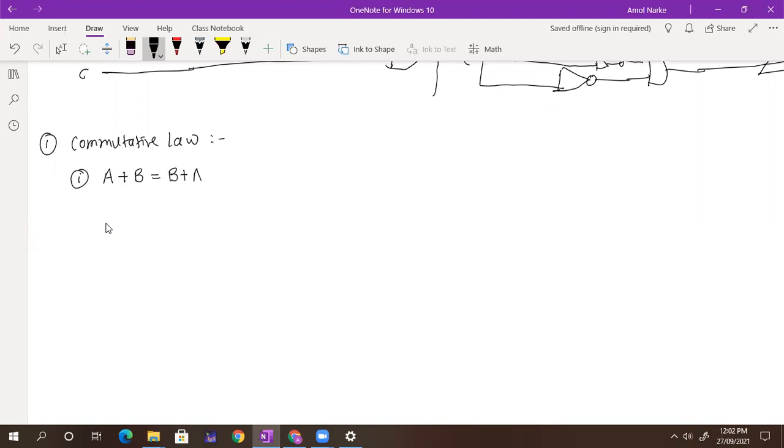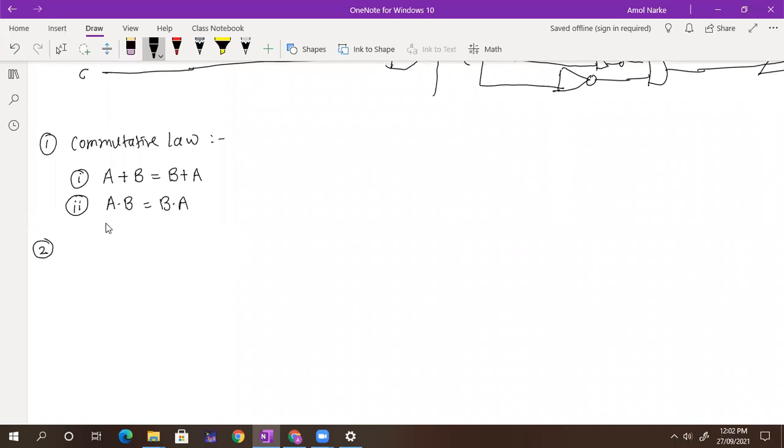B plus A. Yes or no? Yes, sir. And with respect to AND, A dot B will give you B dot A. Okay. So this is what we have as the commutative law. You can find out the truth table. That truth table also comes in this way. You will get the same truth value for LHS as well as RHS.